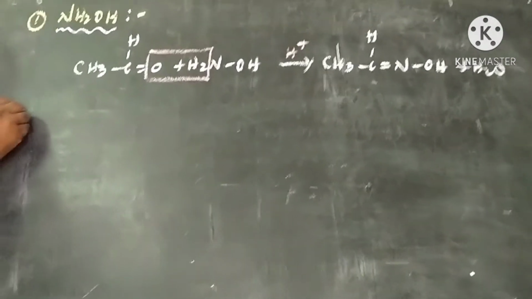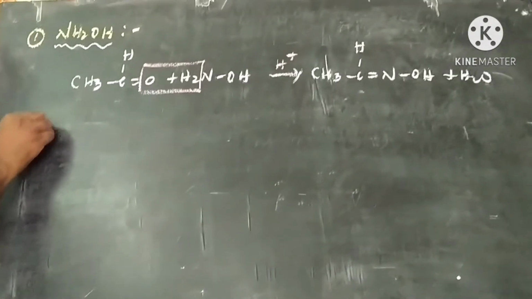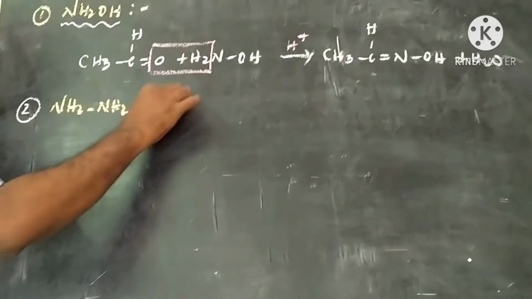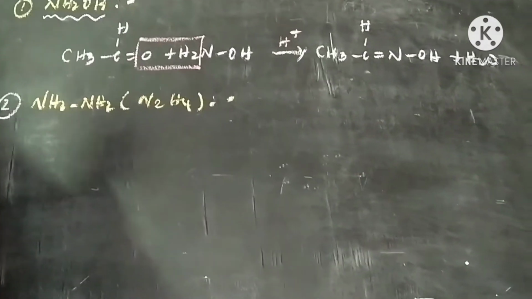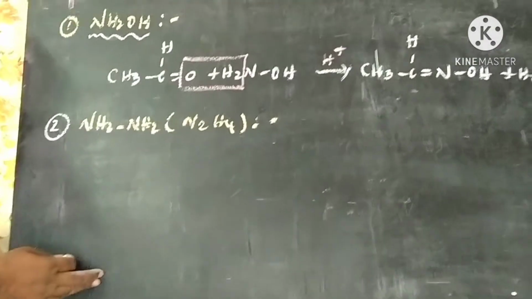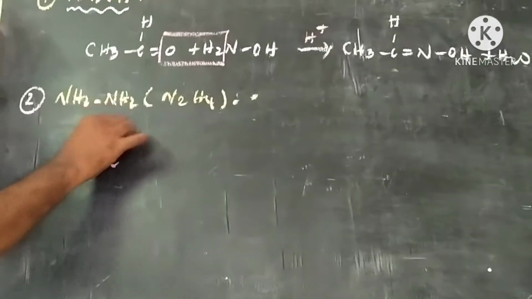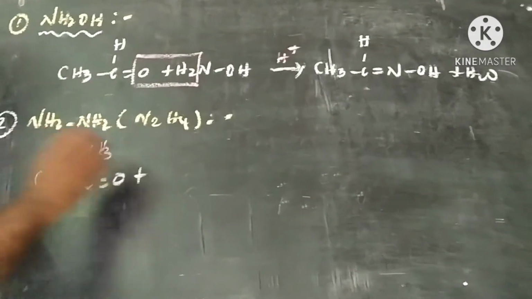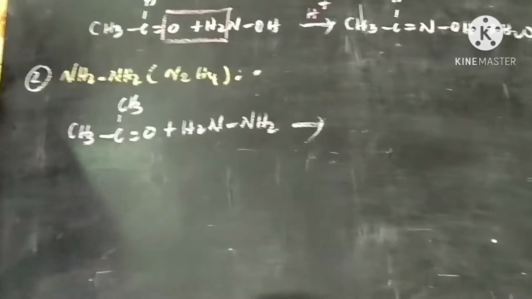The next one is a second topic. Reaction with hydrazine, NH2NH2. Short formula N2H4. As we said, it will give hydrazone. Okay? So again the same. CH3 CO CH3, that is acetone, plus NH2NH2, that is hydrazine.